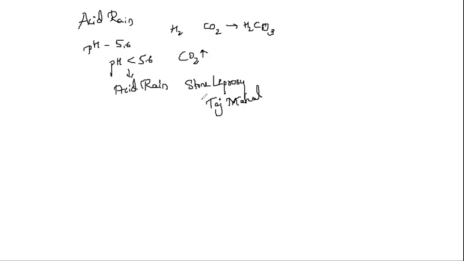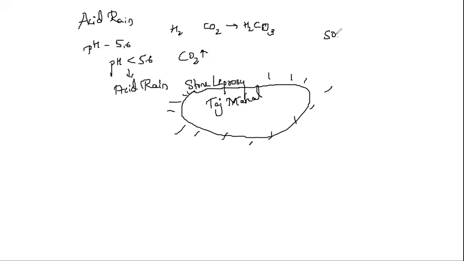Because if you look at the surroundings of the Taj Mahal, there are hundreds of factories and industries emitting sulfur dioxide and nitric oxide. These gases combined with water and formed the respective acids, H2SO4 and HNO3, due to which the pH of rainwater was reduced below 5.6, and that caused acid rain.